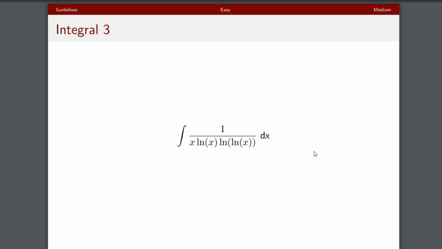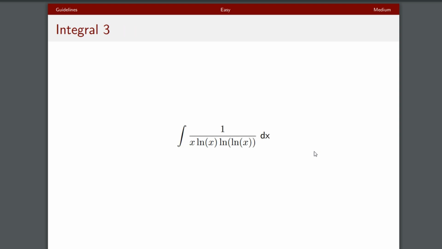Next. Oh, you already know what this is. If you could just do this in your head, technically, right? If you let u equal ln of x, you get u ln of u, and then pretty much the answer is just ln of x. Oh.